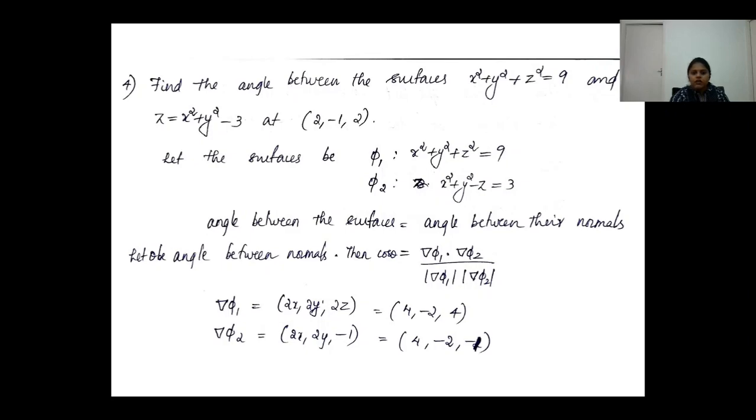Two surfaces are given and you have specified a point. You have to find what is the angle between the two surfaces. If the surfaces are intersecting at the point 2, minus 1, 2, we have to find out the angle of intersection. So what is the angle between the two surfaces?